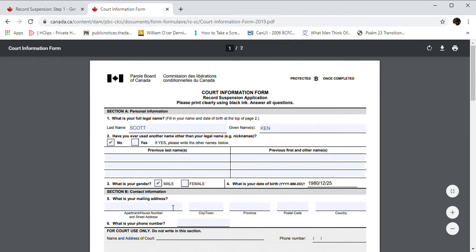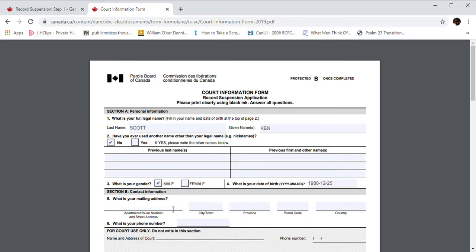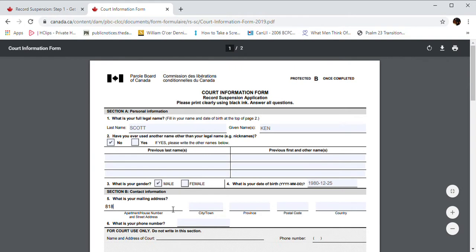What is your mailing address? 818 Main Street, Town Surrey, British Columbia.